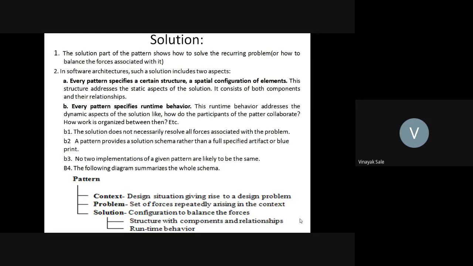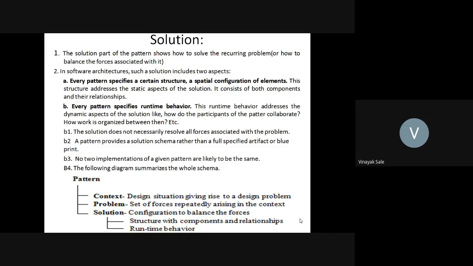Then the third part is the solution. The solution of a pattern shows how to solve the recurring problem or how to balance the forces associated with it.